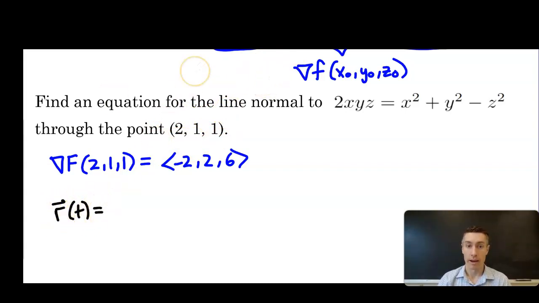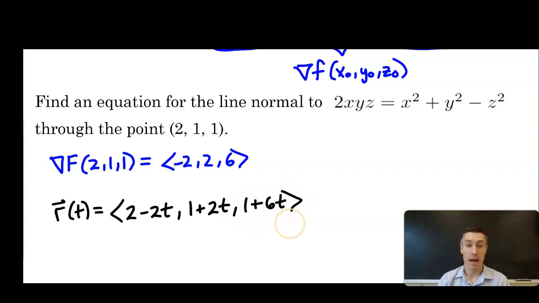And we could write it as one vector. I know above we separated it as the point was one vector and the gradient was one vector. We can write it as a single vector function. So that's going to be (2 minus 2t, 1 plus 2t, 1 plus 6t) as the equation of the line normal. We could write this parametrically since they didn't specify, so that would look like x equals 2 minus 2t, y equals 1 plus 2t, z equals 1 plus 6t.